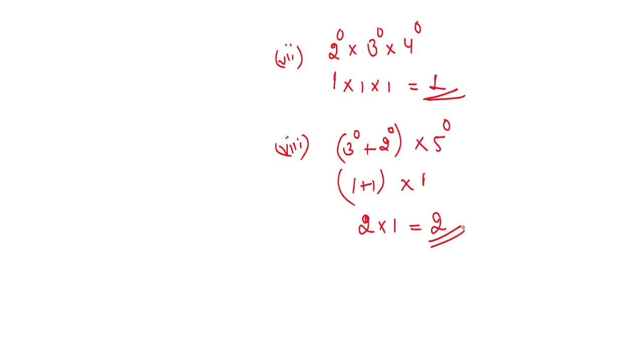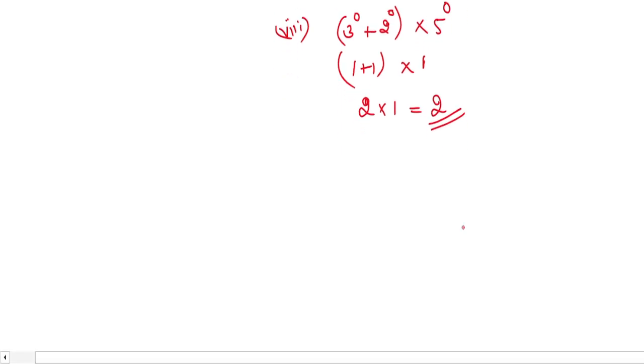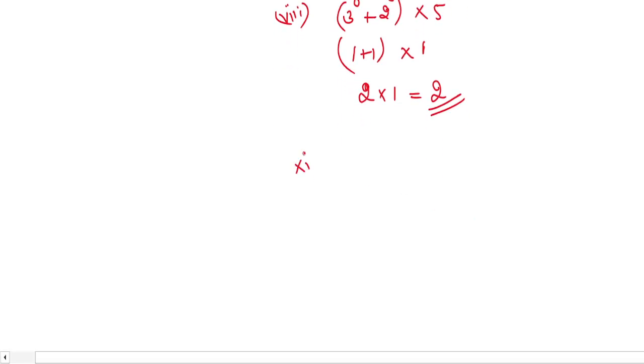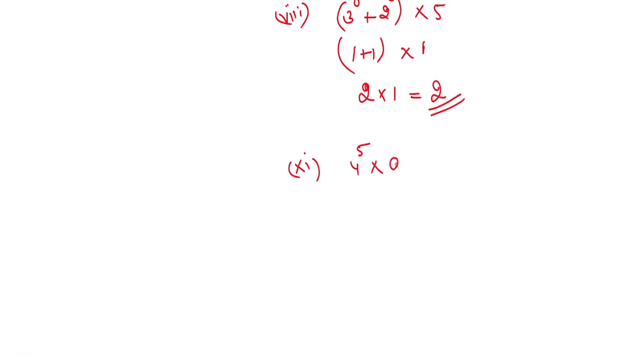Now I move to the 11th part. In the 11th part, the question is 4 raised to the power 5 multiplied by a raised to the power 8, b raised to the power 3. You have to divide it by 4 raised to the power 5 multiplied by a raised to the power 5 and b raised to the power 2.